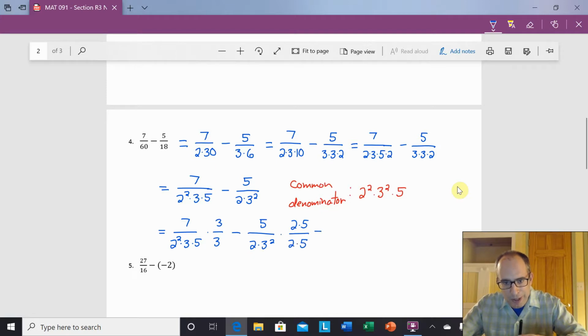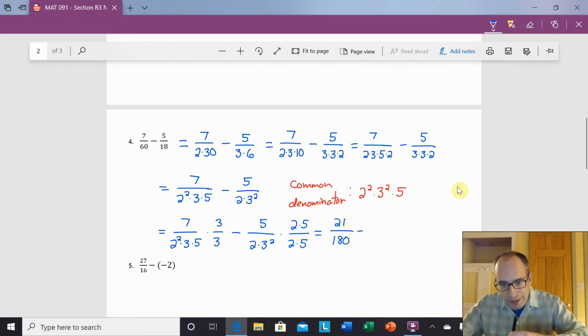All right, so then that first fraction, I guess you might as well do the multiplication and say 7 times 3 is 21. And then that would be over, well, it is 180. I guess, I got to save space here. I'm running out of space for number 4. And then minus 5 times 10, right?